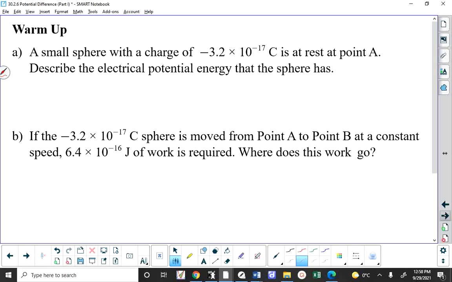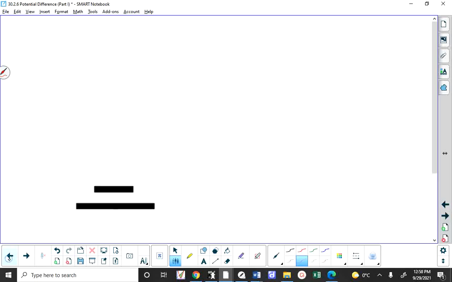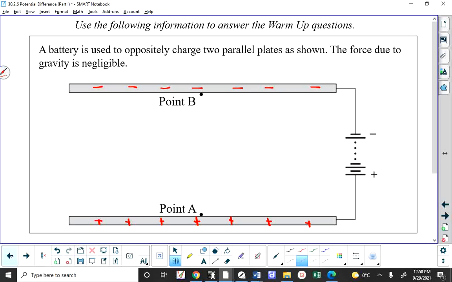It says we have a small sphere now with a charge of negative 3.2 times 10 to the negative 17 coulombs, and it's at point A. It's not moving, it's at rest. So we could draw it in if you like. We've got this sphere sitting here.